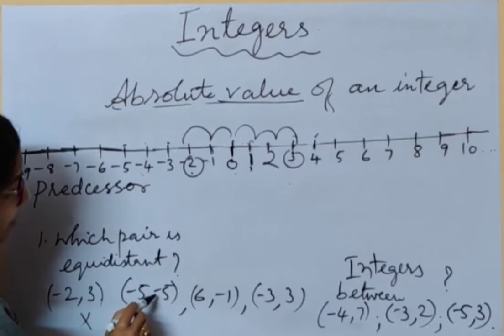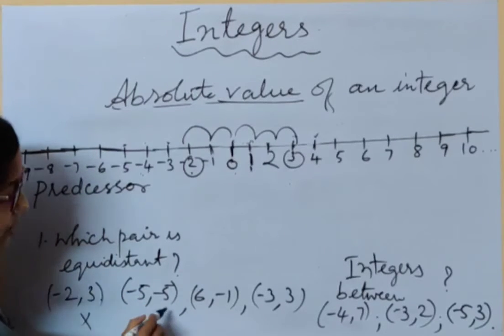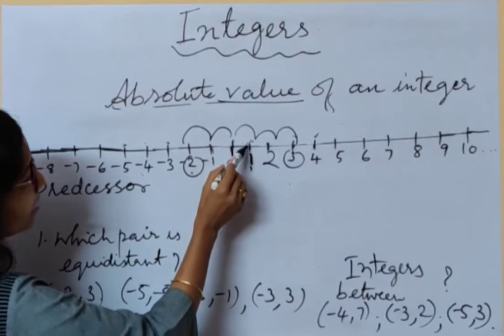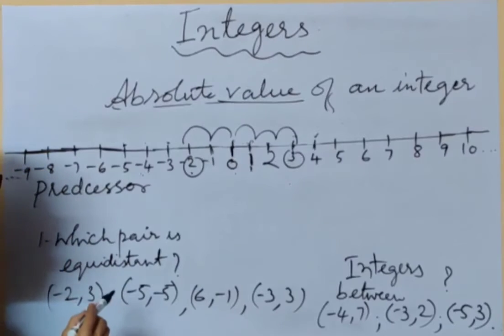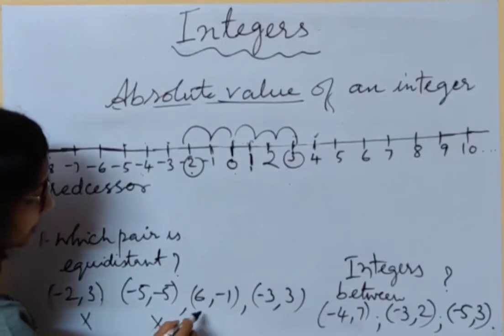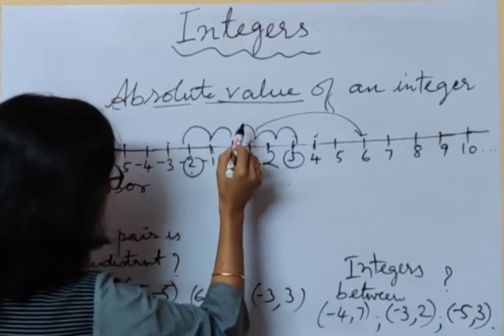Now minus 5 and minus 5. If I take minus 5 and minus 5, it goes to minus 10. So they are also not equidistant. Now 6 and minus 1.